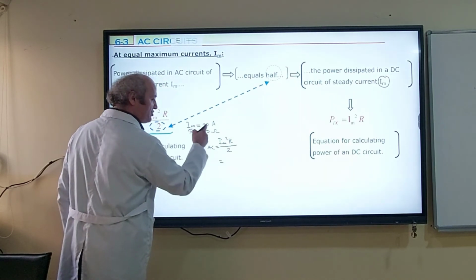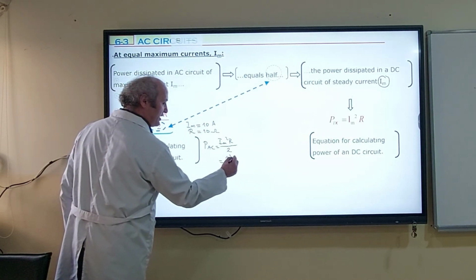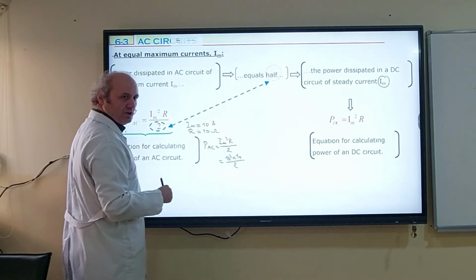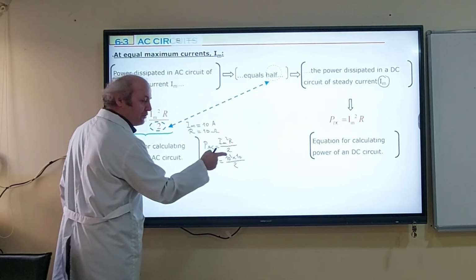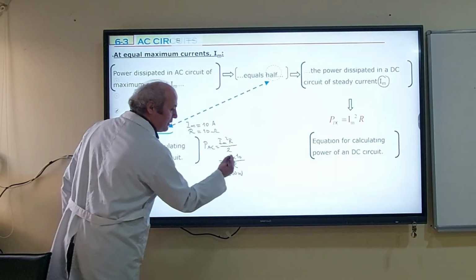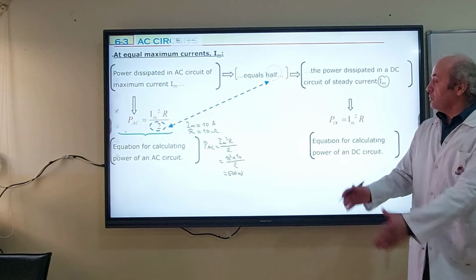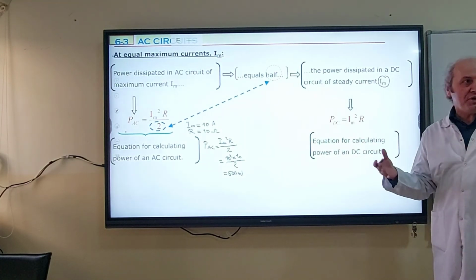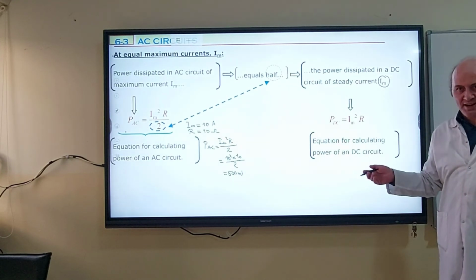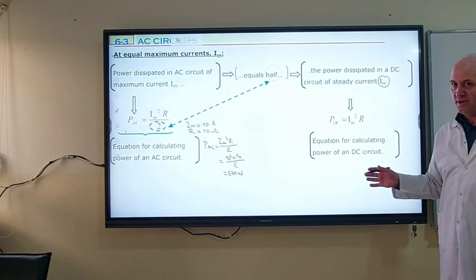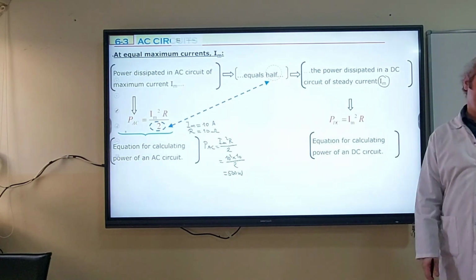Im is 10, squared is 100, times R which is 10, gives 1,000, divided by 2 is 500 watts. But if the question is about a DC circuit, where the current is 10 ampere, how much is the power of the 10 ohm resistor? It's going to be 1,000.